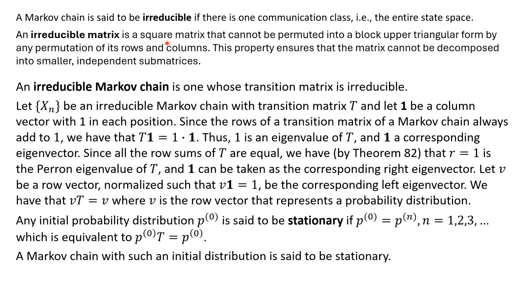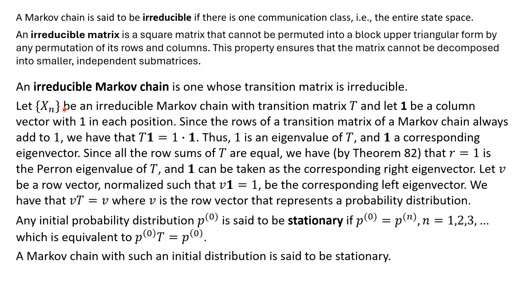In other words, you have a reducible Markov chain in that case. So the point of this is that an irreducible Markov chain is one whose transition matrix is irreducible. So that ties these two things together, at least in terms of Markov chains.